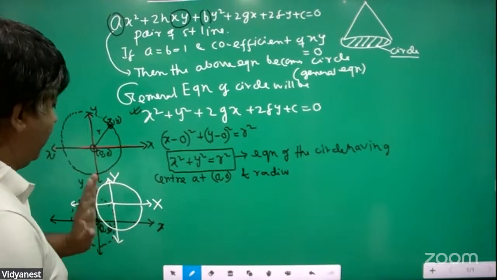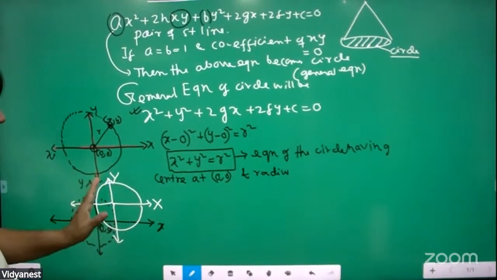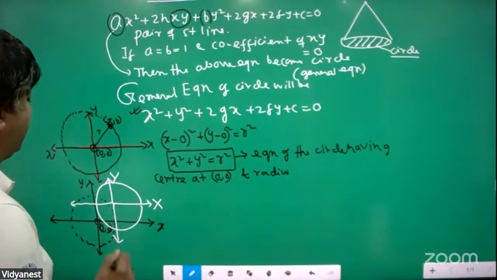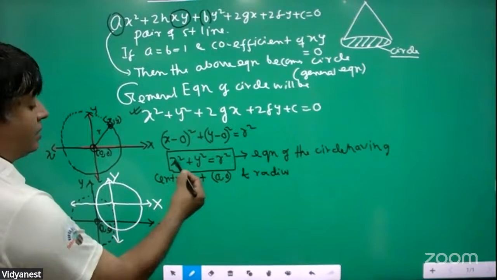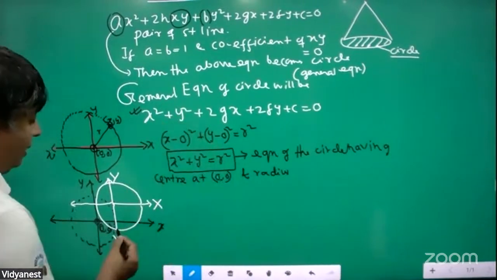तो नया एक्सिस के रेस्पेक्ट में वो प्लेग्राउंड का इक्वेशन क्या है? With respect to old axis, small x square plus small y square is equal to r square.